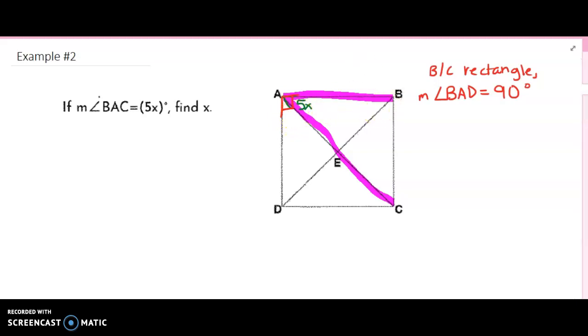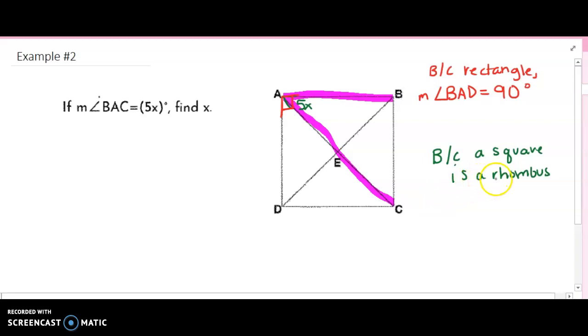All right, now I can say, because a square is a rhombus, we know that one of the properties of a rhombus is that the diagonals bisect corner angles, meaning that it cuts this 90-degree angle in half.